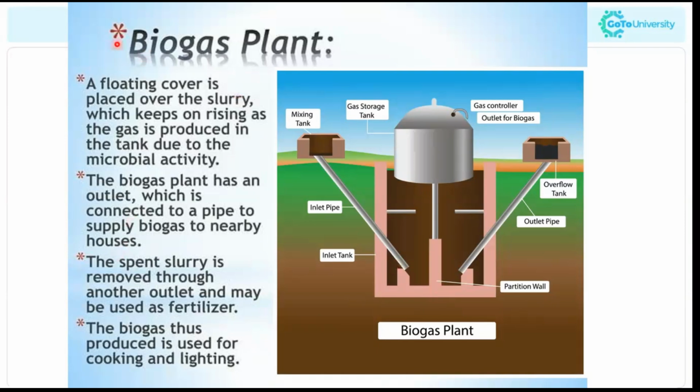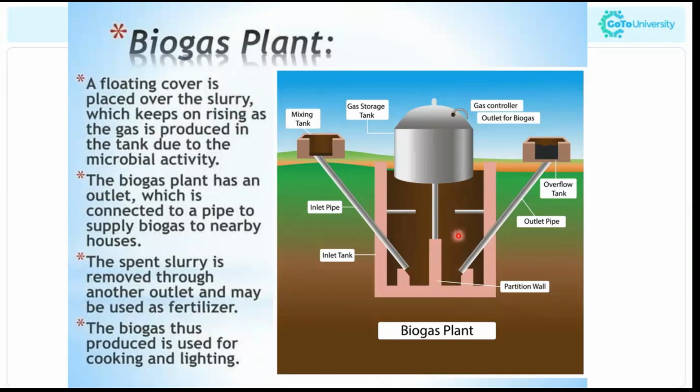Now moving to the biogas plant. As I mentioned, it consists of a 10 to 15 feet deep concrete tank where the bio waste is collected and a slurry of dung is fed.